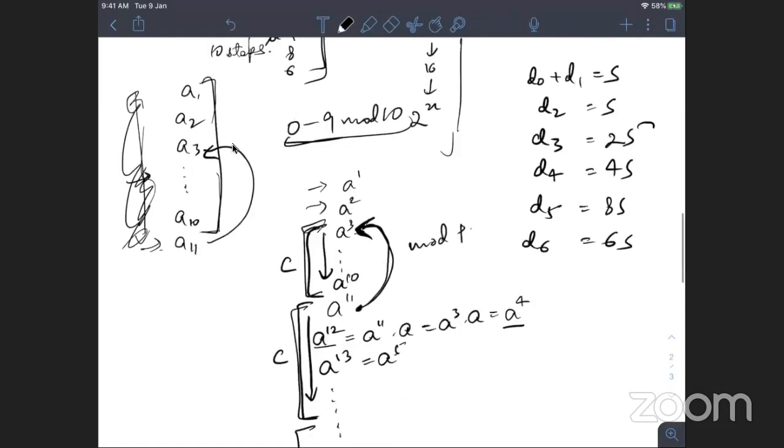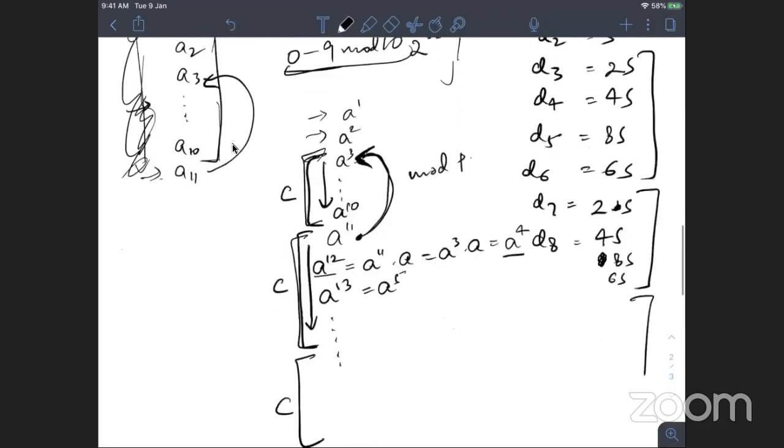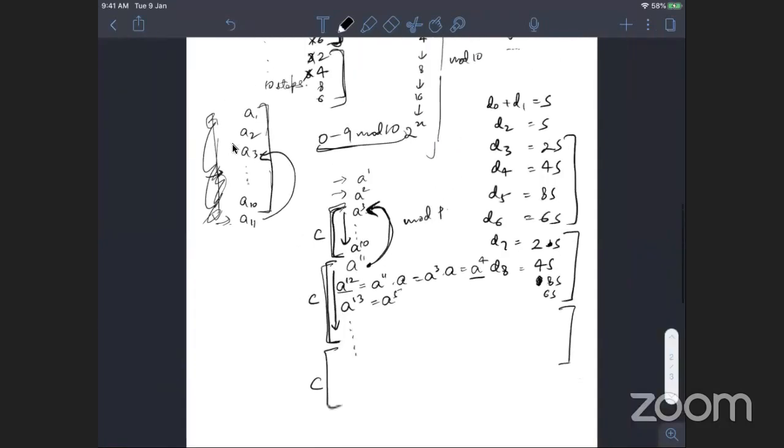And then we find a loop. D7 is again 2S, D8 is again 4S, and then 8S, then 6S, and so on. So we have this loopy structure, but obviously the loop starts from D3. It doesn't start from D2 or D1. We don't care about that, to be honest, but that's how it works.